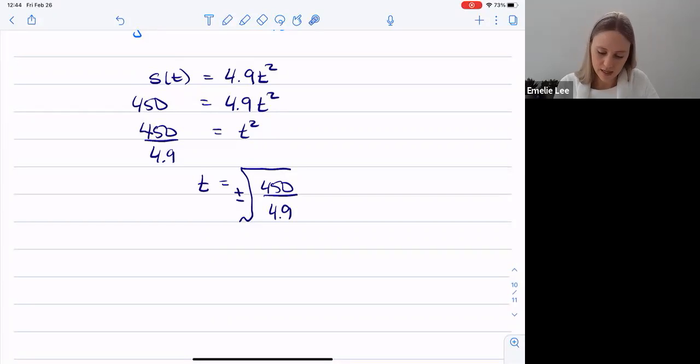One thing is that, well, the square root is always going to be positive. So when I take the plus minus, I need to remember that time can't be negative, right? And so the negative option is not in the domain.